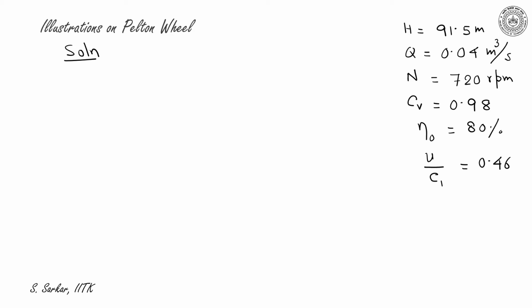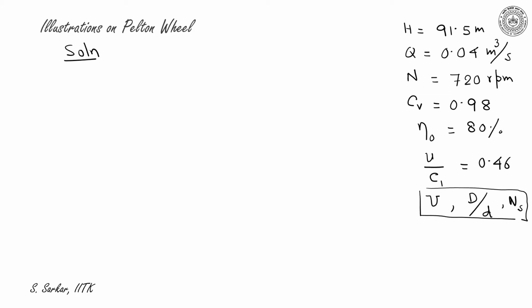We need to calculate U, bucket speed, wheel diameter to jet diameter D by small d, and specific speed Ns. So these are the quantities we need to calculate from the given data.